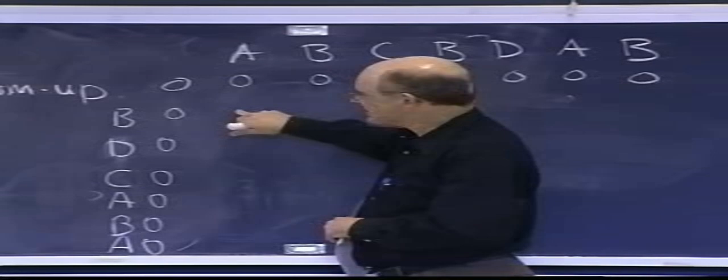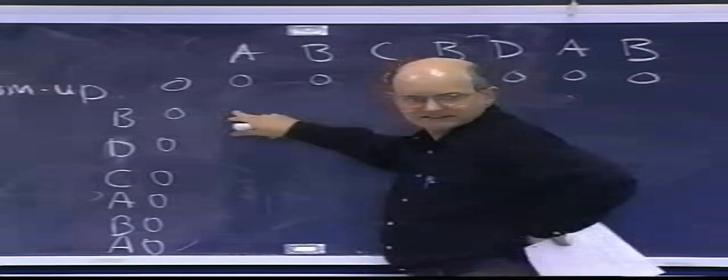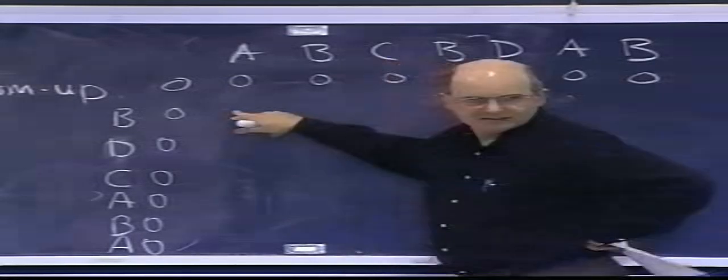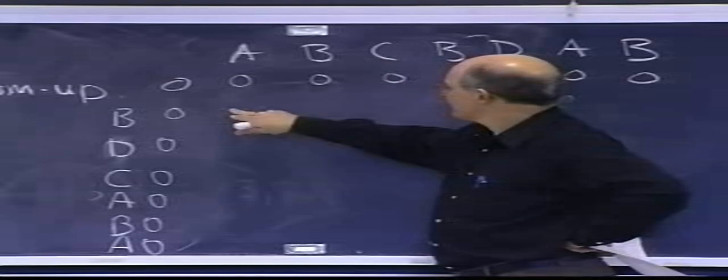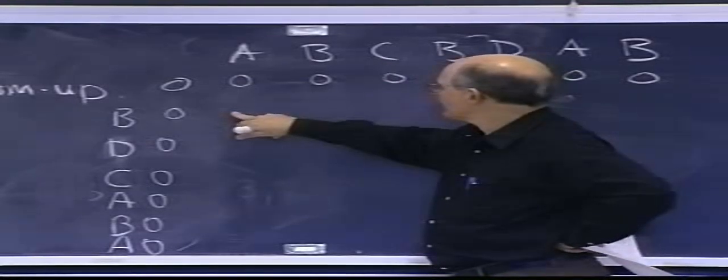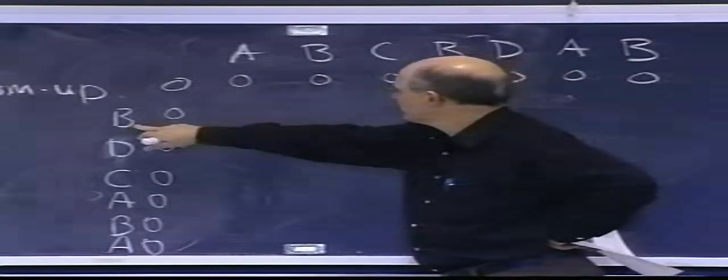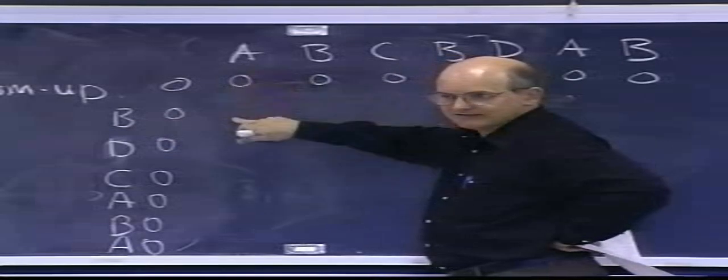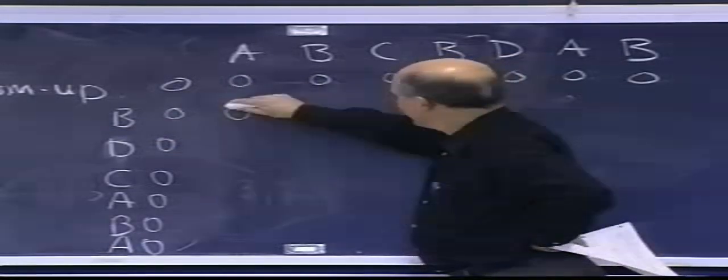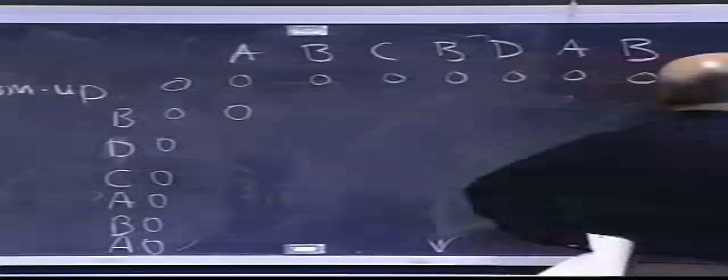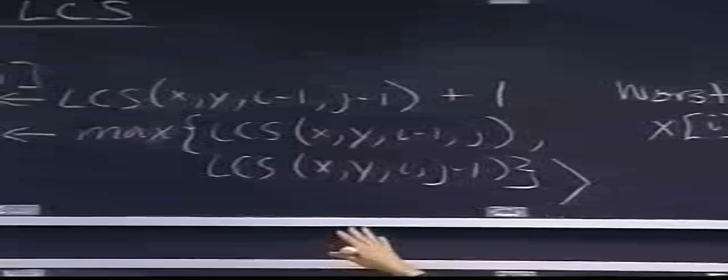So what's this entry going to be here? What you're asking here is what's the length of a longest common subsequence of B and A? 0. And the place it comes from is in the formula, which we've got in code here, but which I probably erased a while ago.